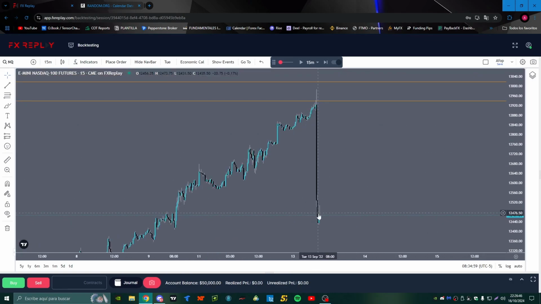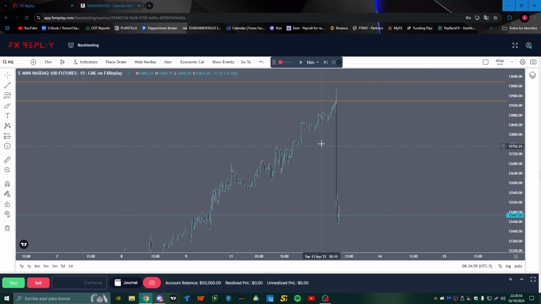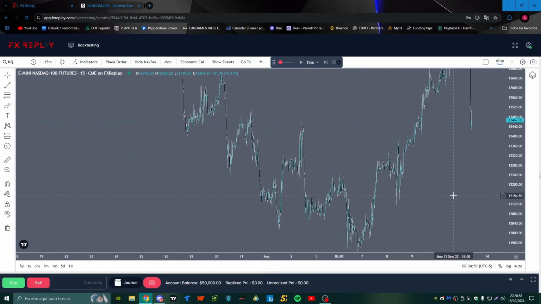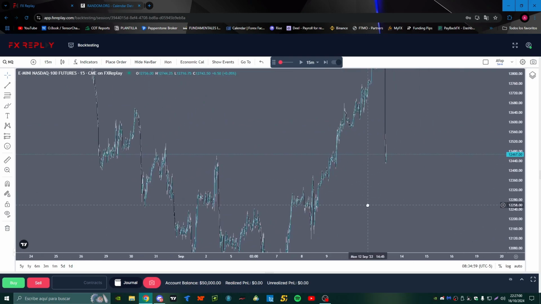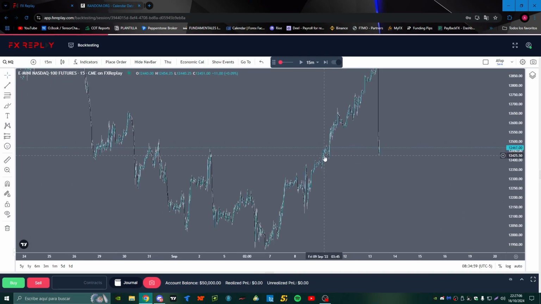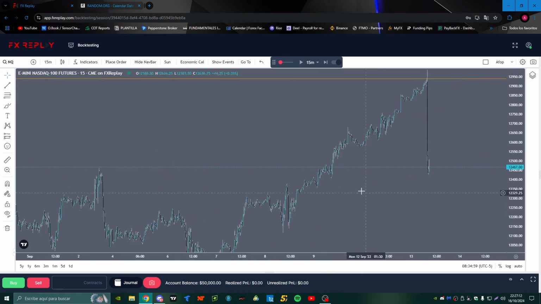He stayed around here for a long time, which means it leaves us with an imbalance. He showed no significant rejection from any of these areas. For now, I don't deem this a crucial area, honestly. This was an area from the previous Friday.